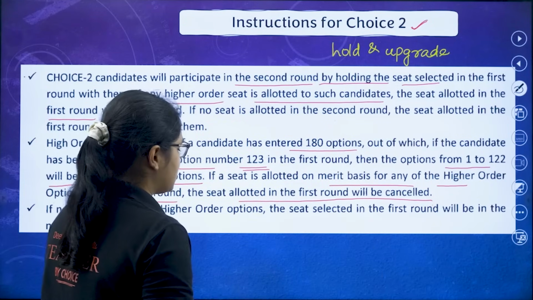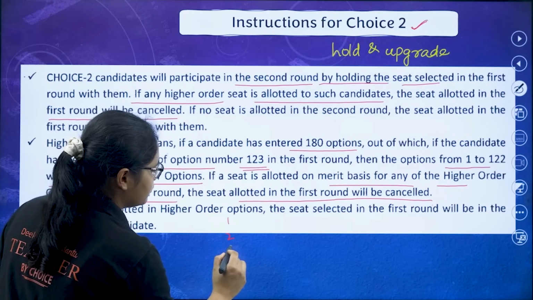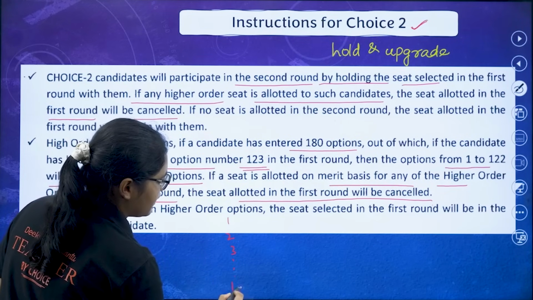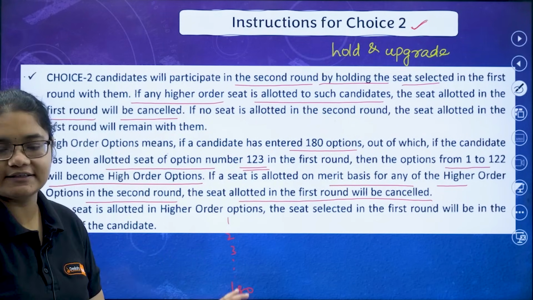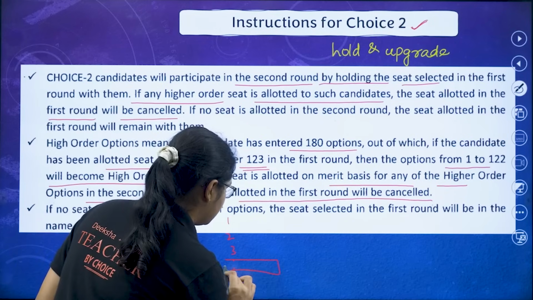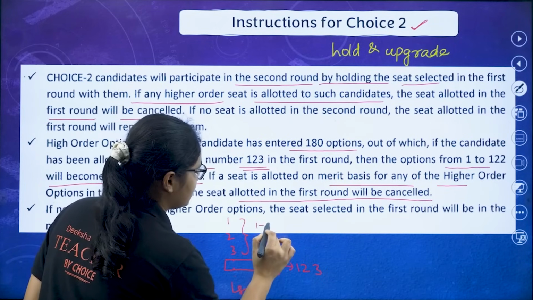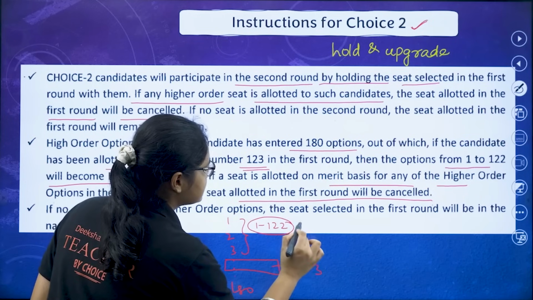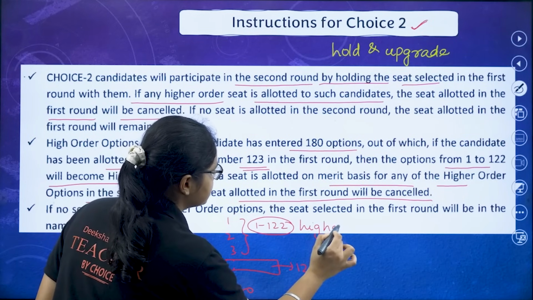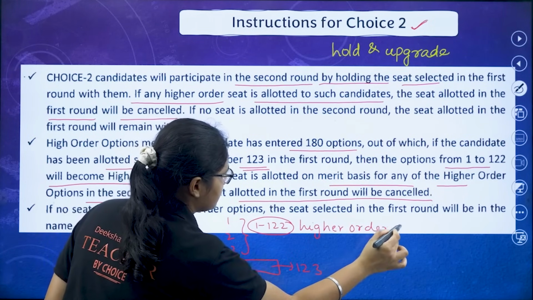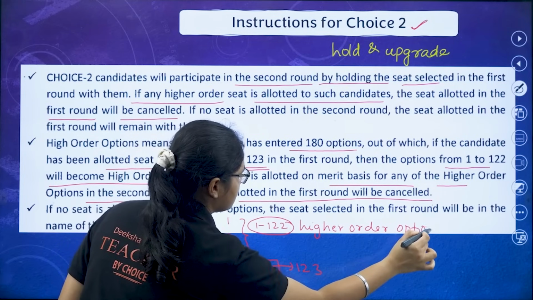For example, you have options 1, 2, 3, like this up to 180. 180 seats you have filled. Now the 123rd college is allotted to you. In that case, from 1 to 122, these seats are your higher order options. So what will happen?